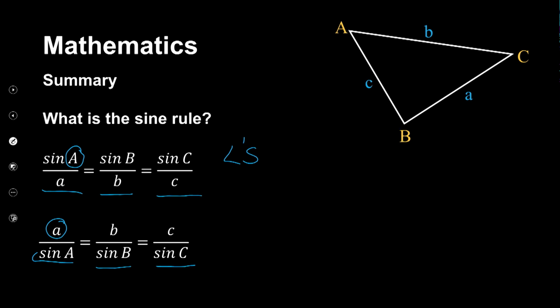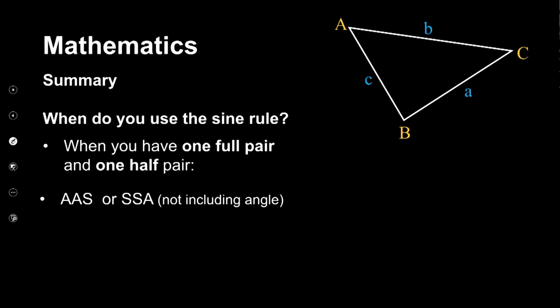This version of the sine rule has all the sides in the numerators, and we use this version when we're trying to find the sides of a triangle. And when we're deciding which of these equations we're going to use, it will be determined by what has been given. So let's look at an example again. When do we use the sine rule?